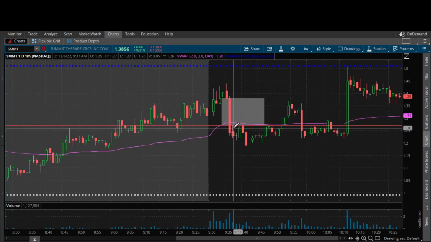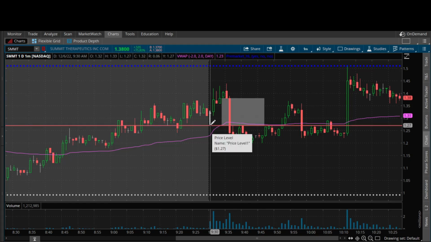Now, what is also inside that imbalance? Our previous level of support. I want you to remember what we went over in the beginning of the video, all the ways that you can use support and resistance. Remember what I said? What happens to support when support is broken?